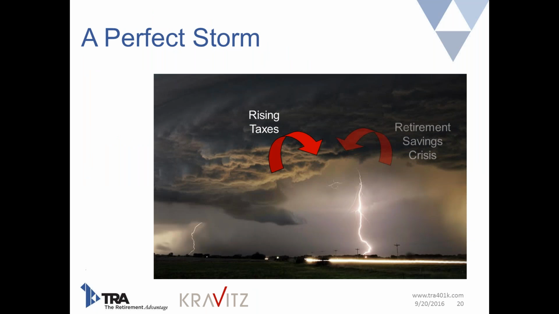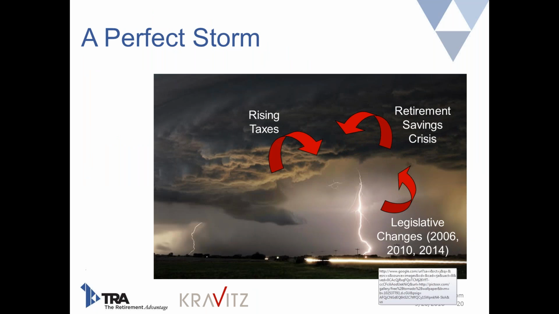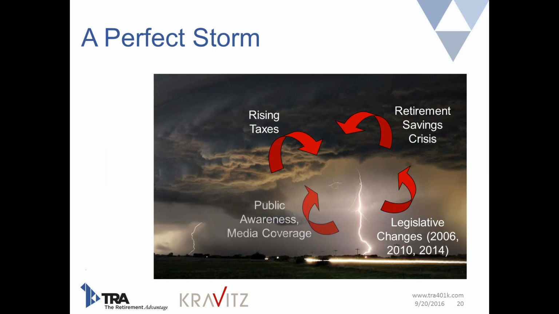We've got rising taxes. We have a retirement savings crisis. We got some legislative changes in 2006, 2010, and 2014. And last but not least, because of the hard work of a lot of people around the country, the public awareness is now up. And I think it's fertile ground for you as an advisor to partner with TRA and go out and market these plans to your clients.